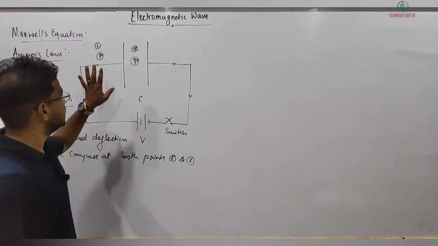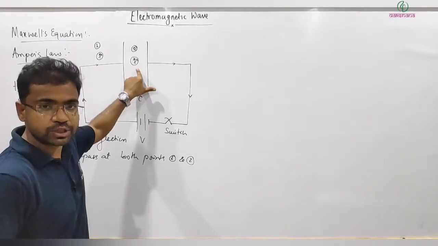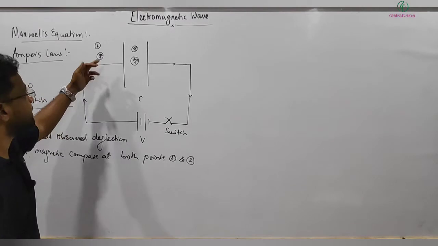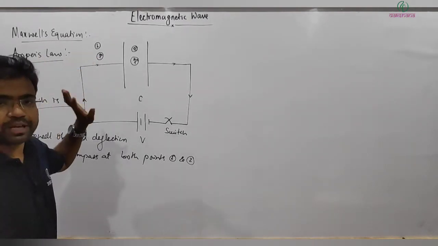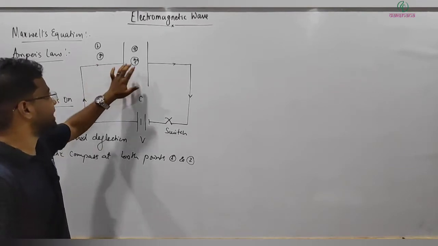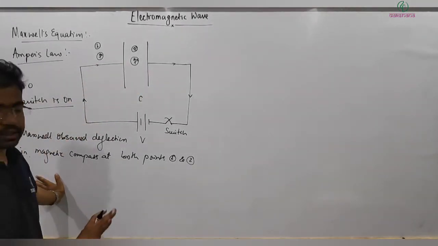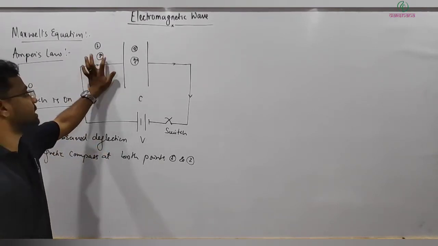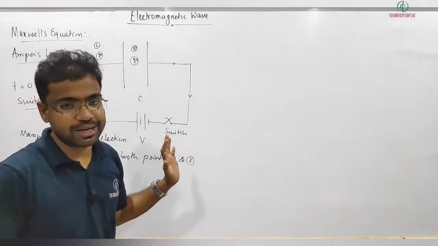This means there is a magnetic field at point 1 and also a magnetic field at point 2, correct? Now if we apply Ampere's law by considering one Ampere loop at point 1 and at point 2, we will see something. This was an experimental observation that the deflection proves there is a magnetic field.